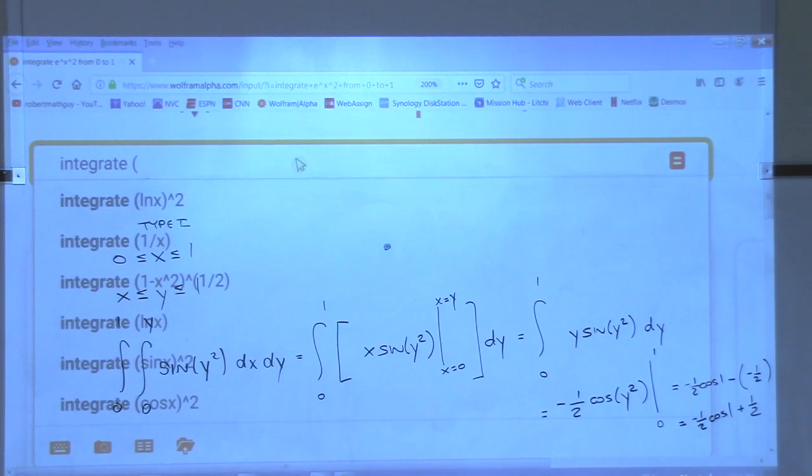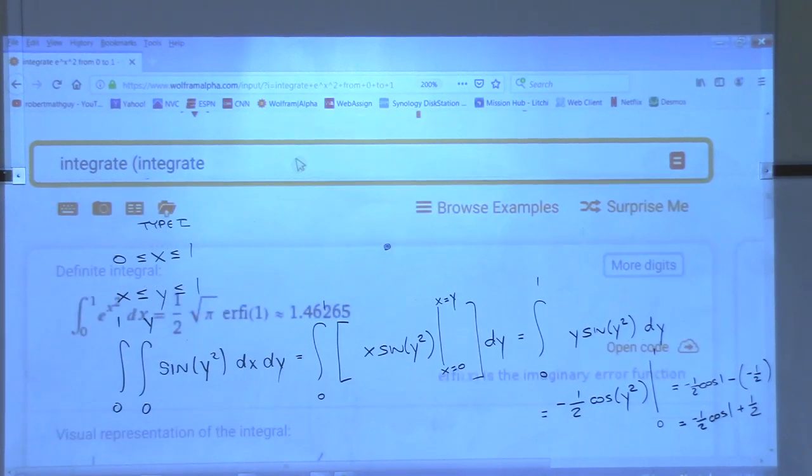So if I integrate and then integrate again, sine of y squared dy from, help me out here, what was the original problem? x to 1, and then we integrate that one with respect to x from 0 to 1.